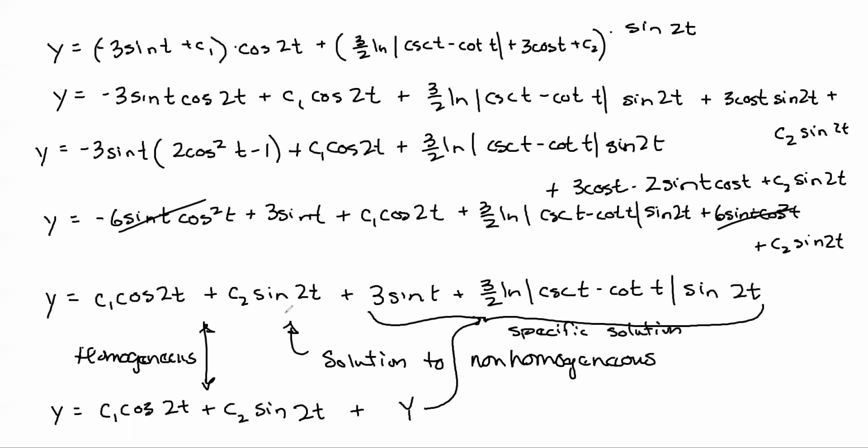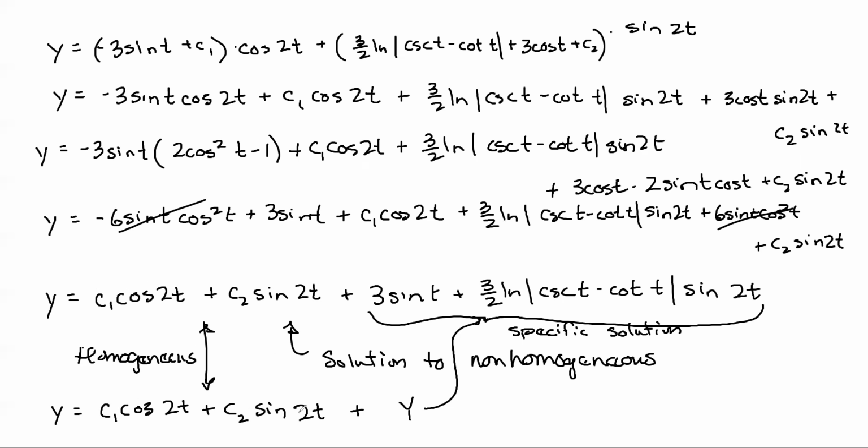So let me explain that again. We went through, we found this y by taking our earlier guess and plugging it into the non-homogeneous differential equation. That means that this solves the non-homogeneous differential equation. And if you recall from the previous video, we had a theorem that said that solutions to non-homogeneous differential equations look like this, where you have the solution to the homogeneous first, and then you add to it a specific solution to the non-homogeneous.